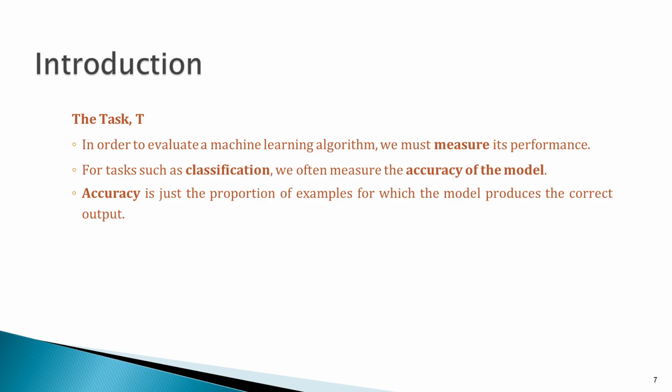If the model is predicting apple or orange correctly, only then can we deploy it for classifying the objects, right? So now comes the term accuracy. Accuracy is just the proportion of the examples for which the model produces the correct output.